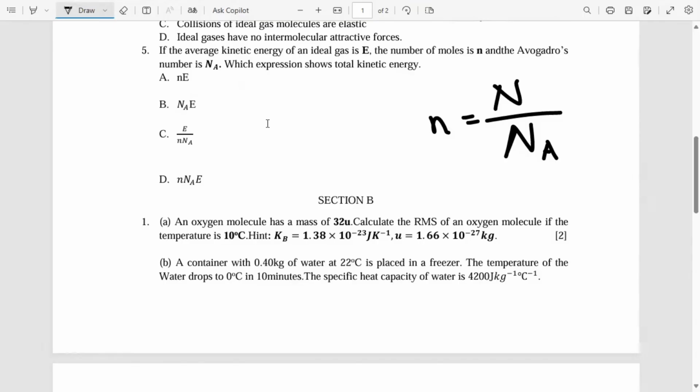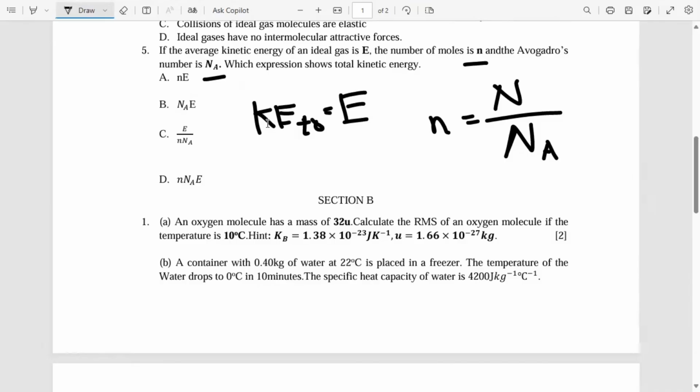As simple as that. So that means the total KE, let me write it here. KE total will be equal to the average kinetic energy of each molecule, which in this case they've given us as E, multiplied by the total number of molecules. Now they've given us that N is the number of moles, and Na is the Avogadro's constant.